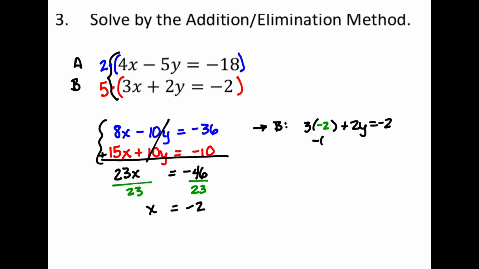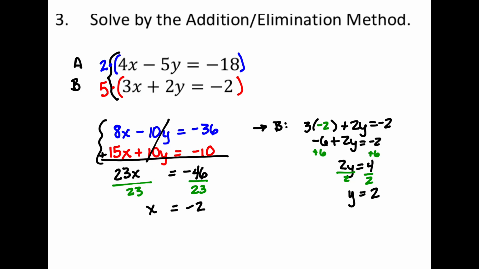So negative 6 add 2y equals negative 2. Add 6 to both sides, and I get 2y equals 4. Divide by 2, so y equals 2.